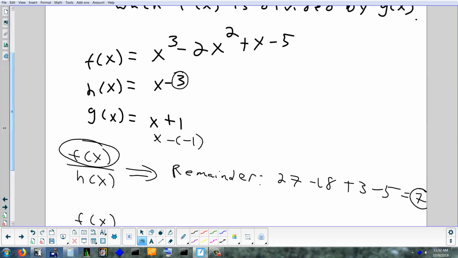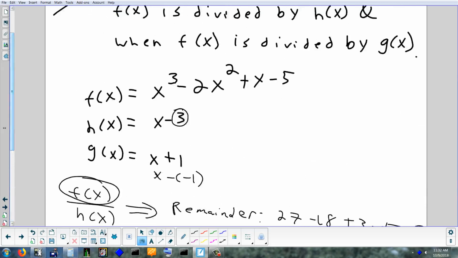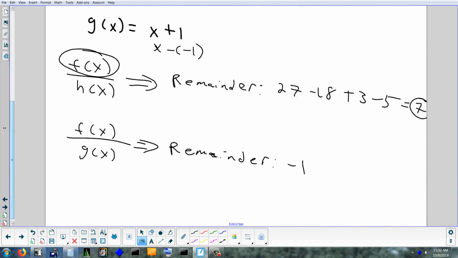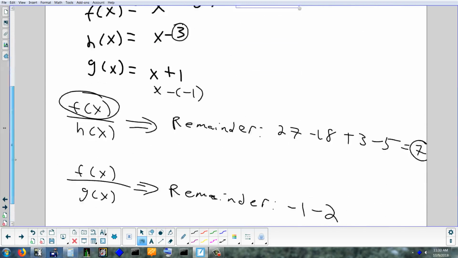So negative 1 cubed gives me how much? Yep, negative 1. Negative 1 squared times 2, so minus 2. And then plugging in negative 1 there is just negative 1 minus 5.